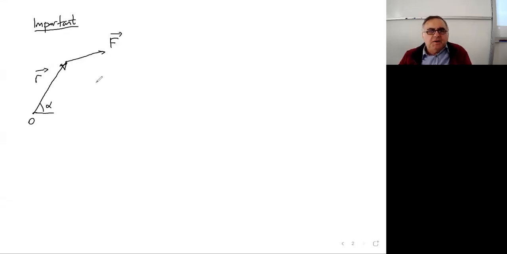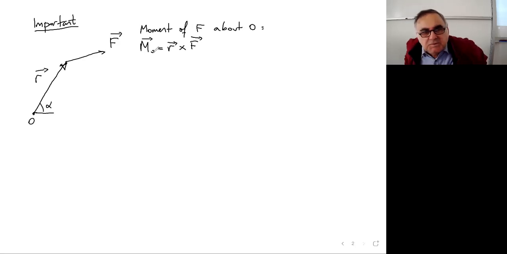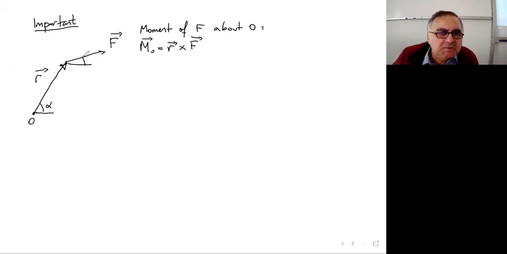Well, we want to find the moment of F about O, which is MO, which, as you know, is R cross F. Right? This is the definition of the moment. Now we want to derive an expression for this. This F force, let's say it makes an angle beta with the horizontal.